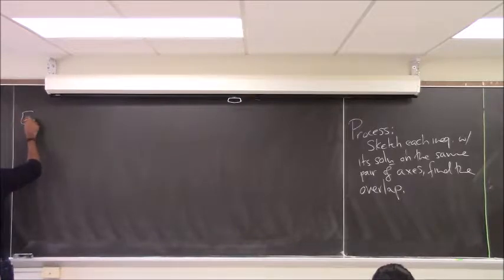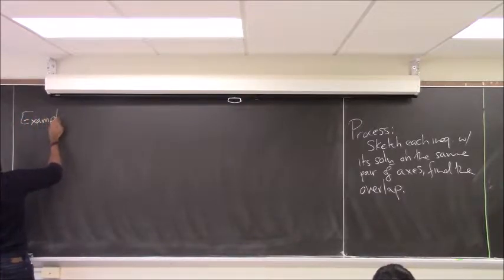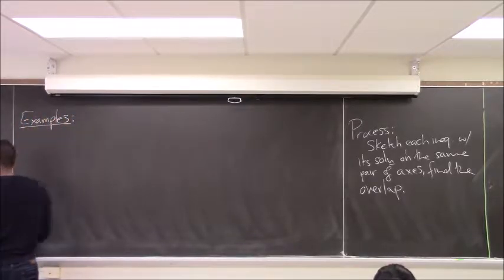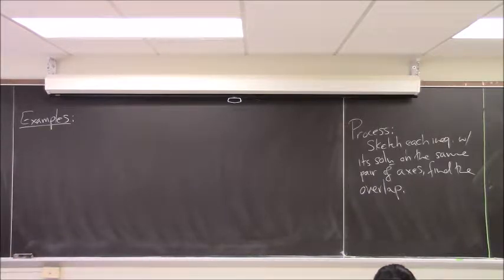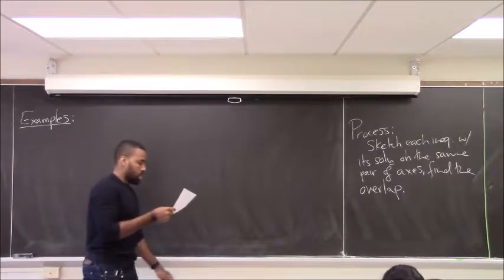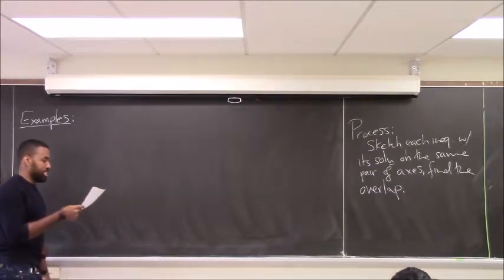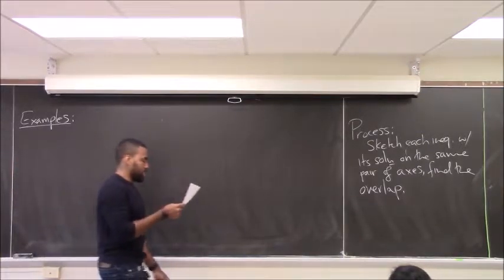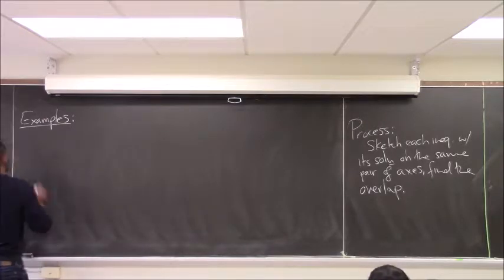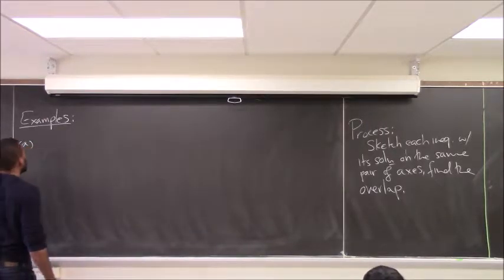So let's jump to the examples. I think I'll do the first two, because they're the easiest, and then I'll have you guys try the other ones. So, here's one.